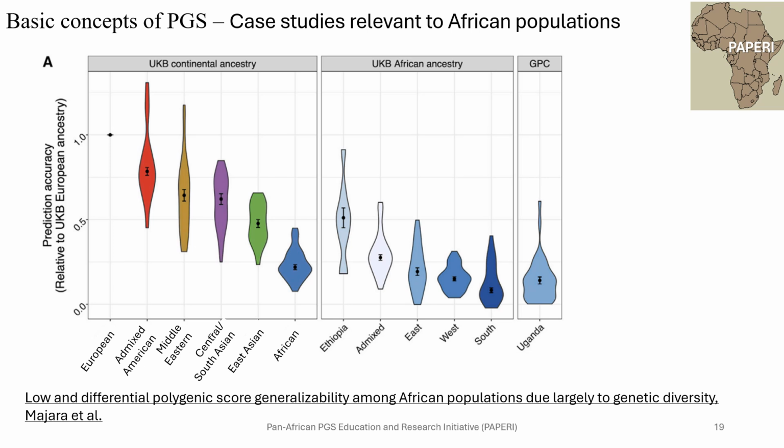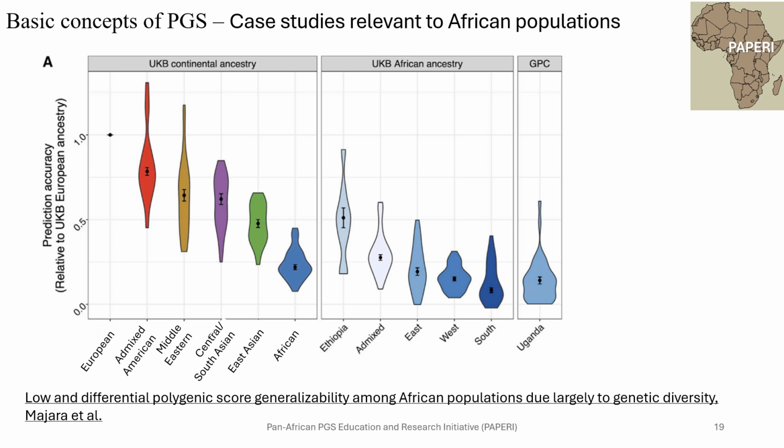Here they're treating European as a reference. Let's say European individuals had an R square value of 0.65. That's the polygenic risk score performance for European. They divide that performance by itself to get 1: 0.65 divided by 0.65 equals 1.